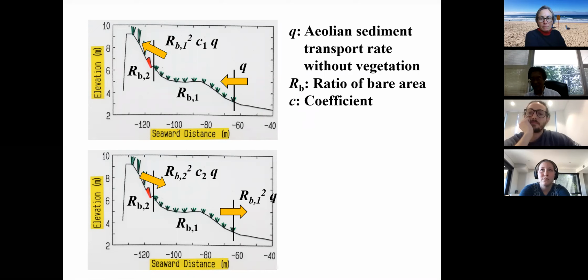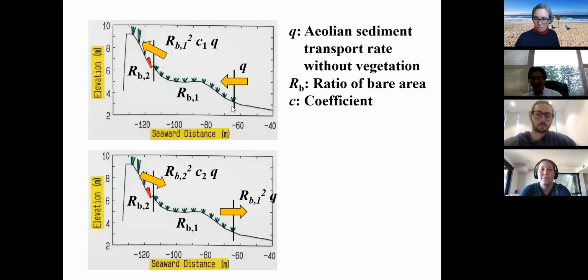As I explained in my presentation, the distance from the seaward limit of the investigation area to the average wave run-up limit is 40 meters, and we think 40 meters is enough to develop the aeolian sediment transport.